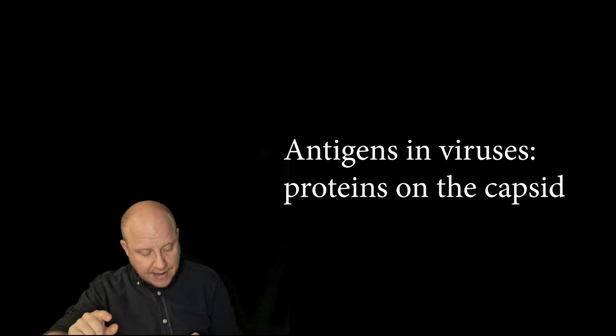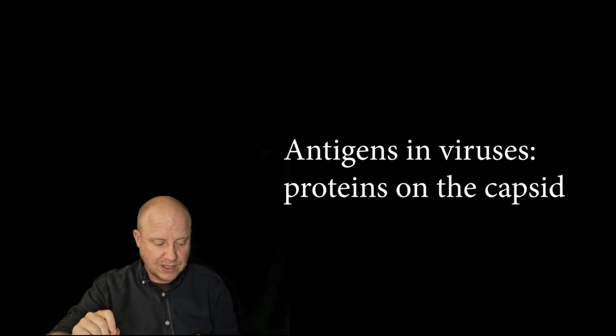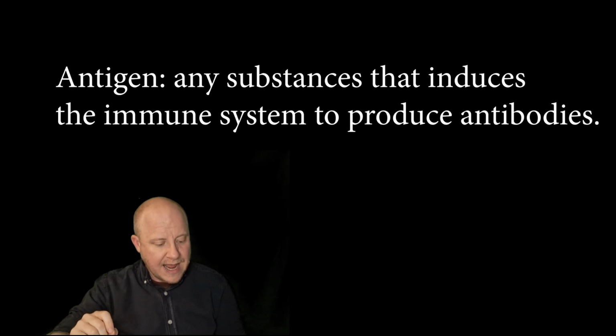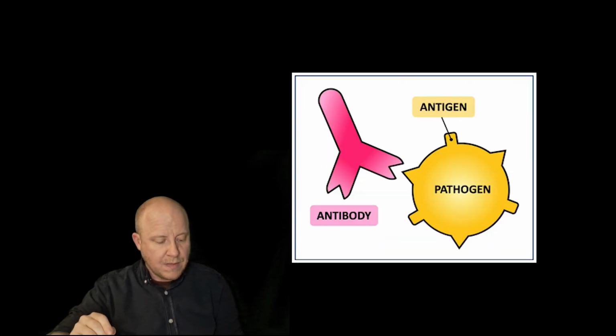Viruses do not have a plasma membrane, but they do have a protein coat called a capsid, and the capsid proteins act as antigens. An antigen, remember, is any substance that induces the immune system to produce antibodies. Most antigens are glycoproteins or other proteins, and they are usually located on the outer covering of pathogens.